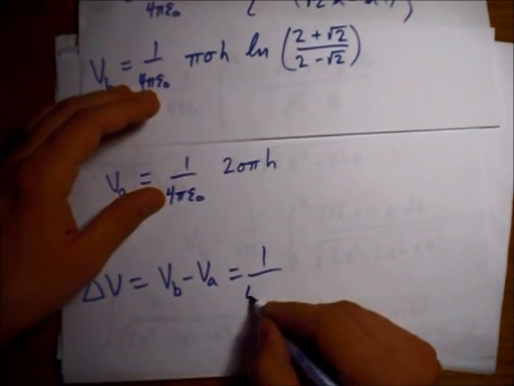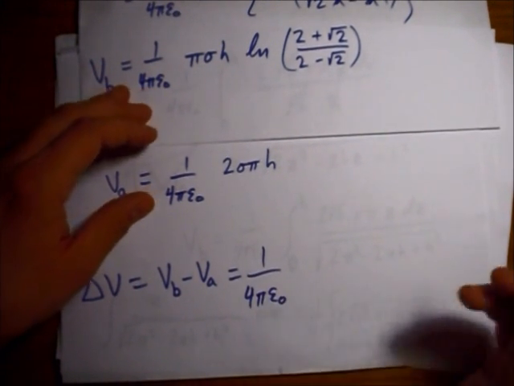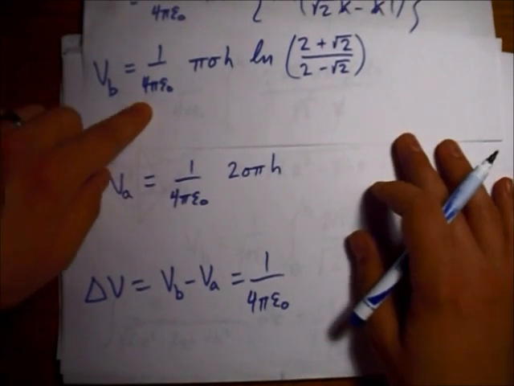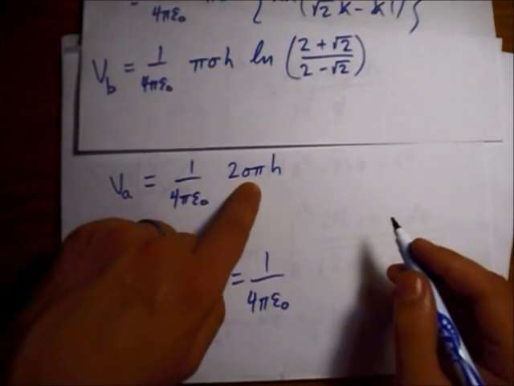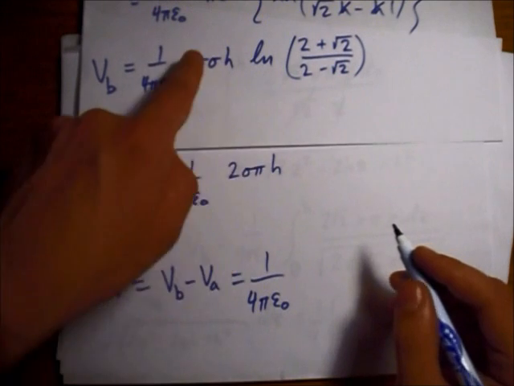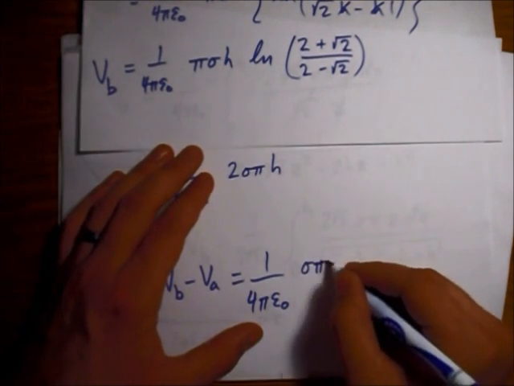Let's factor them out. 1 over 4 pi epsilon naught will be the same in both of these. We also have a sigma, we have a pi, and an h.